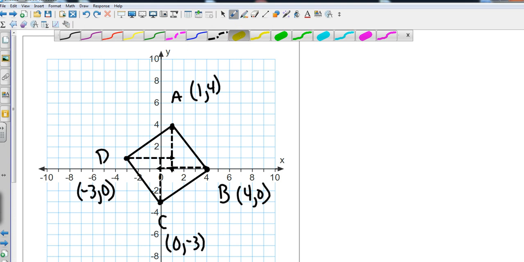I have a triangle here. I have another triangle here. I have a third triangle here. A fourth triangle here. And then I have this space in the middle.